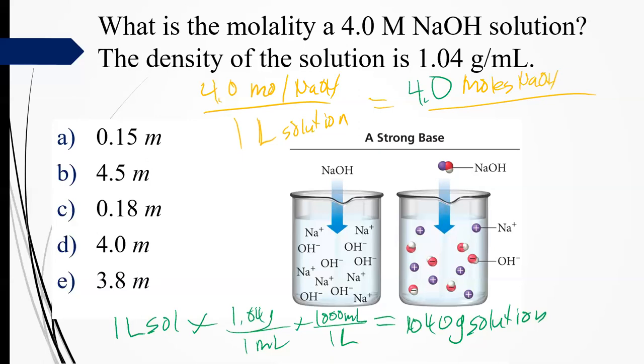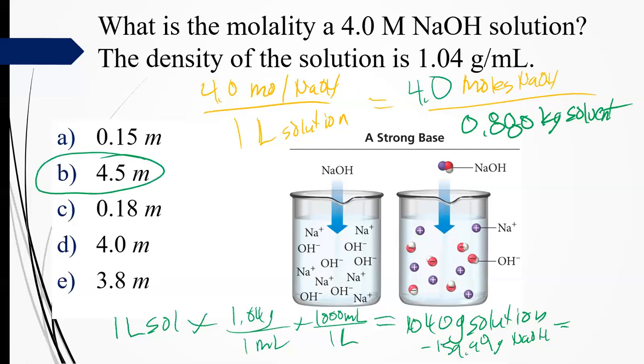And so of this 1,040 grams, 159.99 grams of that is our NaOH. And so we end up with 0.880 kilograms of solvent. If we take that 4 and divide it by 0.880, we get 4.5. And that is going to be our molality. And so that's how we can use that for our transition.